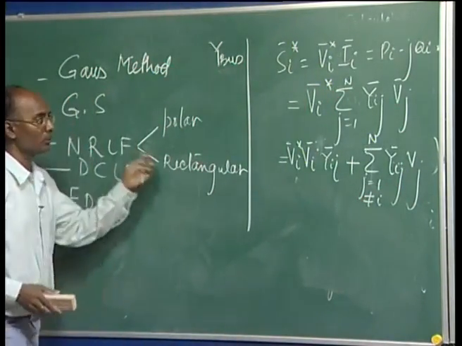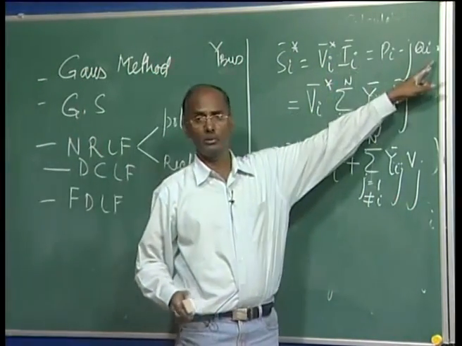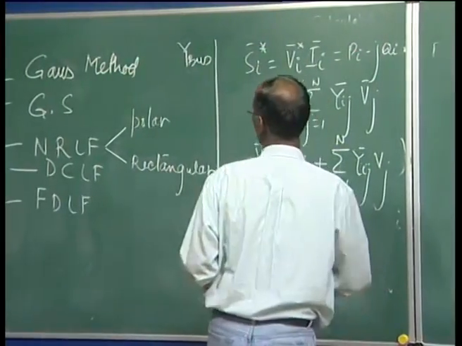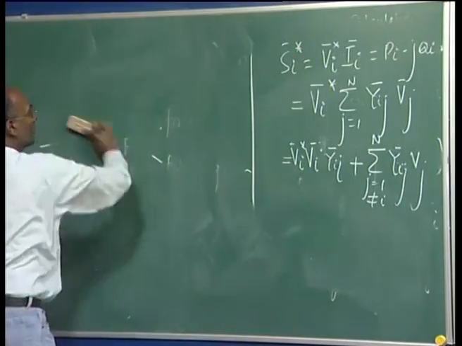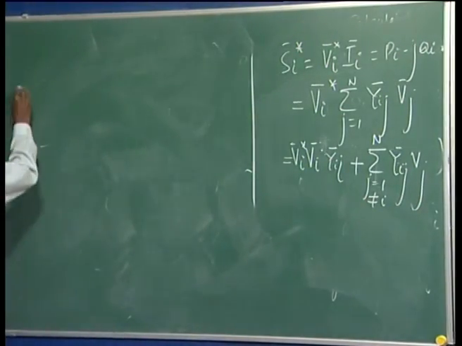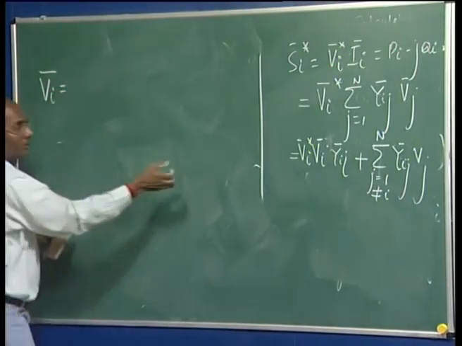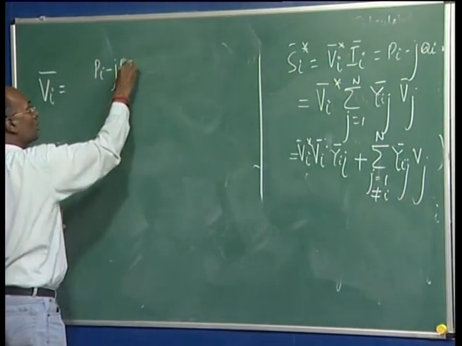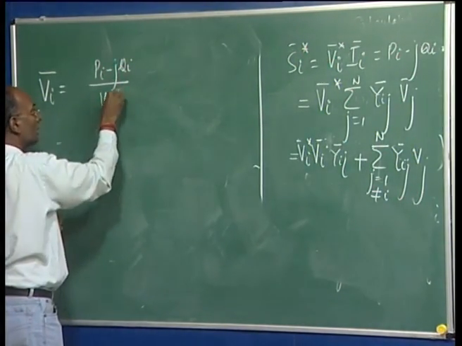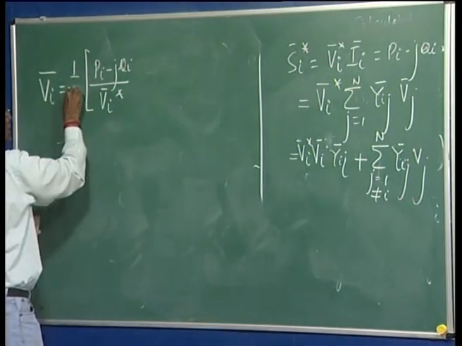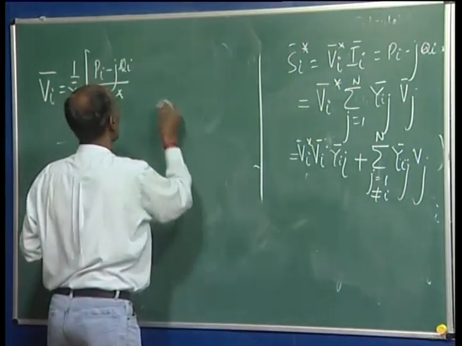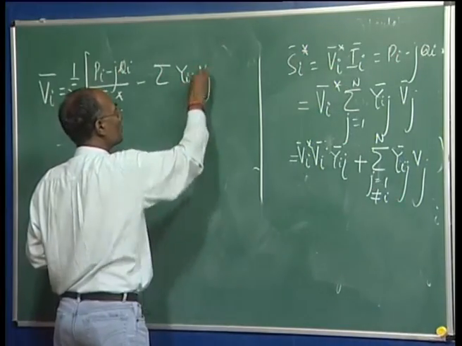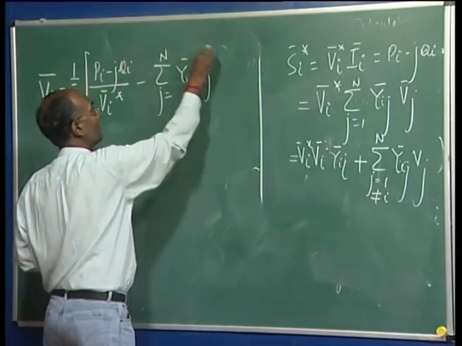So in the Gauss method, by knowing P and Q, we try to determine Vi. Simplifying again, I can write Vi equals 1 over Yii times Pi minus jQi divided by Vi conjugate, minus the summation of Yij Vj, j is equal to 1 to n.